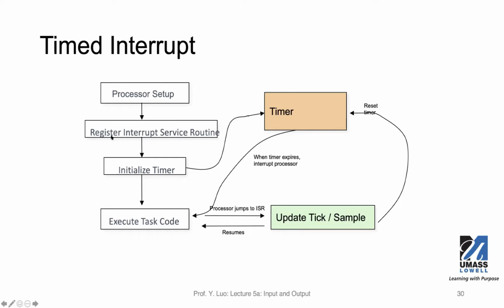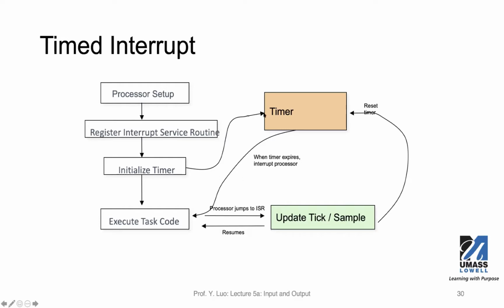Here we just use statements, programs to register that ISR to this particular timer. Then we will initialize the timer. Initializing the timer can be a few steps. We can see from an example shortly. But initially, we will have to decide what will be the initial values of the timer, how long the timer will take to expire, things like that.